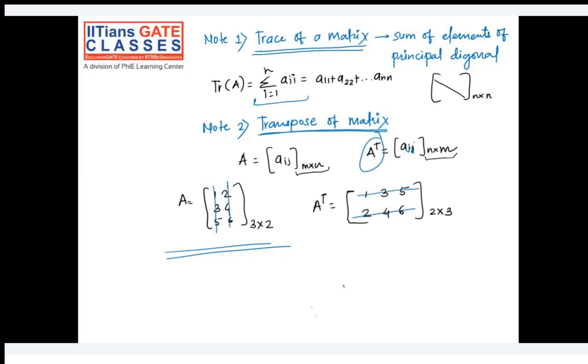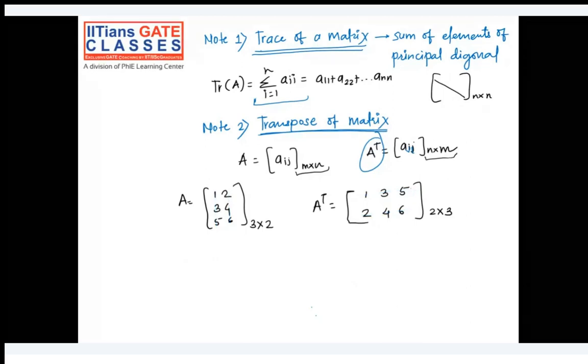Can I proceed to the next slide? These are very basic things. Feel free to interrupt me if you feel some more explanation is needed, or you are not able to understand this point.